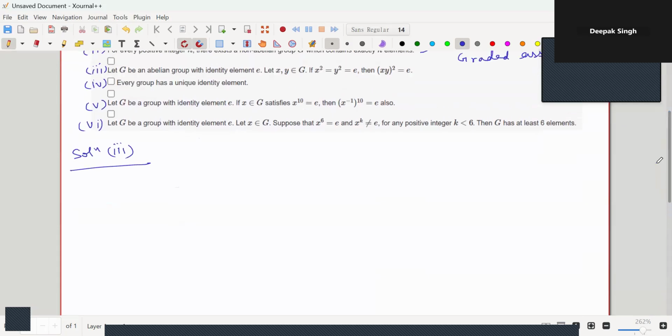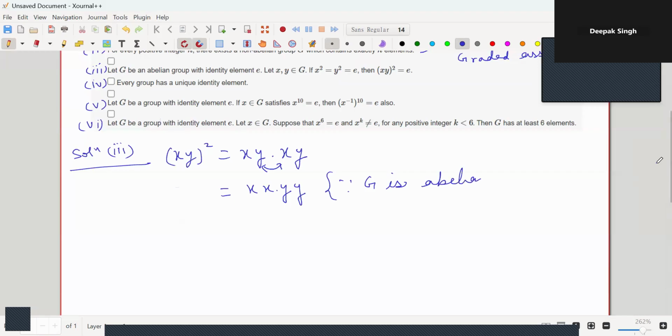So we need to check what this XY square is. This is simply XY times XY, and since G is abelian, I can swap this Y and X. This is because G is abelian, and thus it becomes X square times Y square.